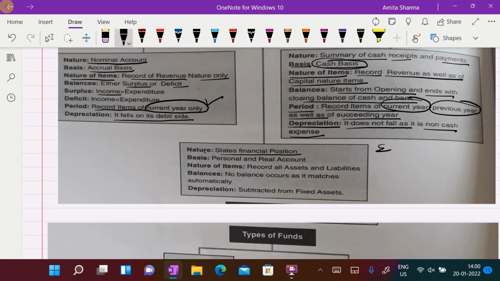Like the equation, assets are always equal to liabilities plus capital, so to know that we prepare the balance sheet. And here we entertain personal and real nature items. So nature of items recorded: it records all assets and liabilities, third party liabilities and internal as well as external liabilities. Balances: no balance occurs as it matches automatically.